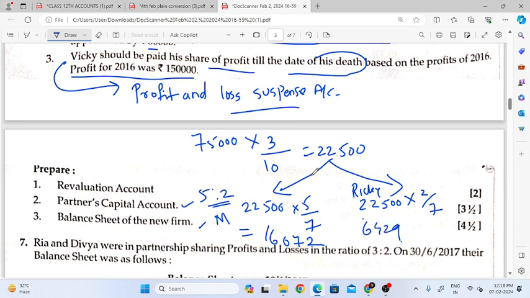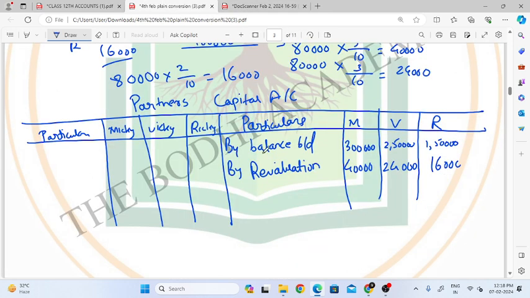Okay, so this amount we have to take in partners' capital account, because here they are dividing the goodwill. So by Mickey's capital, how much is Mickey's capital account we got? Under this head we have to write down Vicky's head, 16,071.